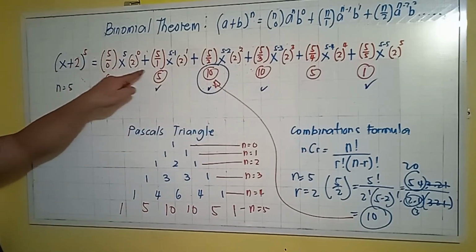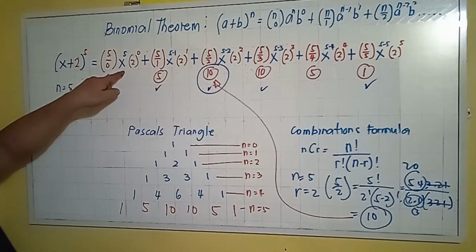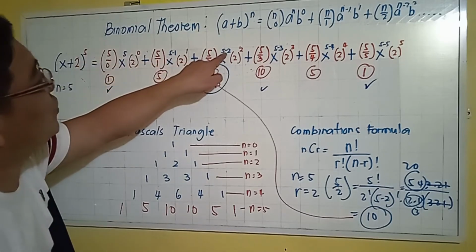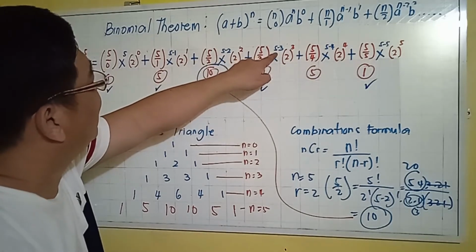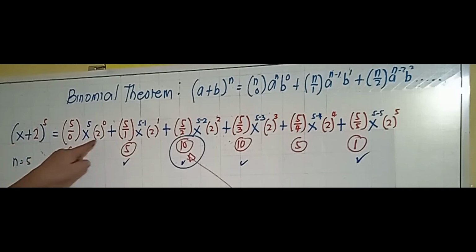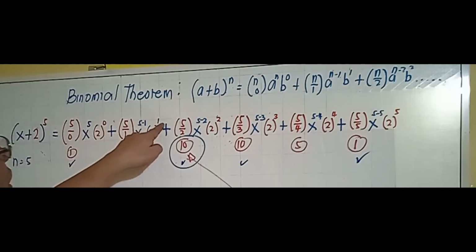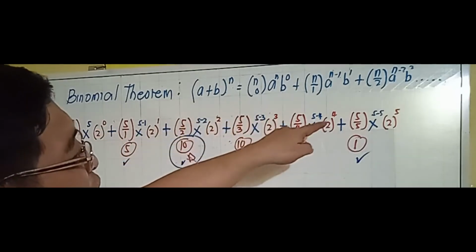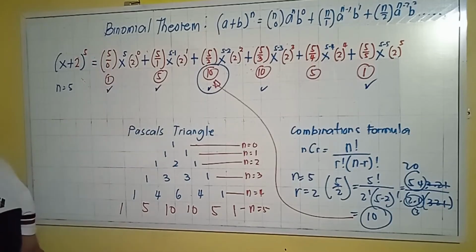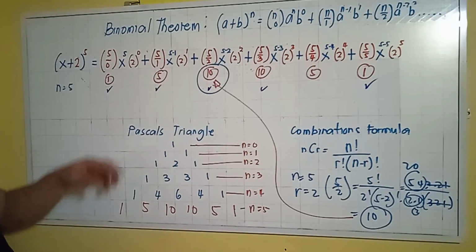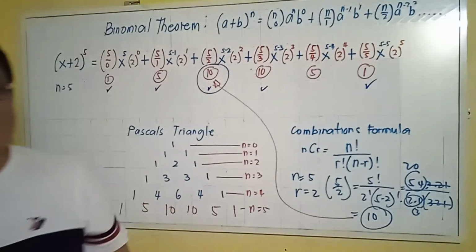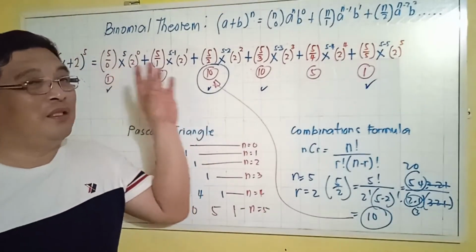So, check the x variable raised to n, n minus 1, n minus 2, n minus 3. And take a look at 2. We have 2 raised to 0, 1, 2, 3, 4, 5. So, yung x power arranged in descending and 2 arranged in increasing manner. So, let's simplify all of these terms.